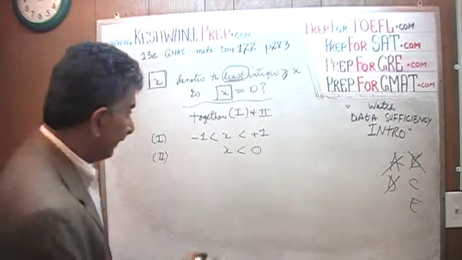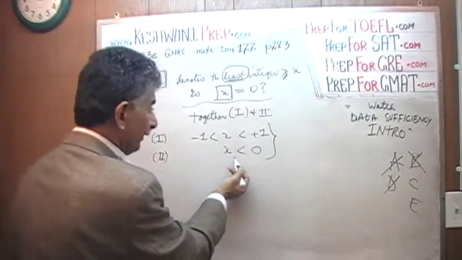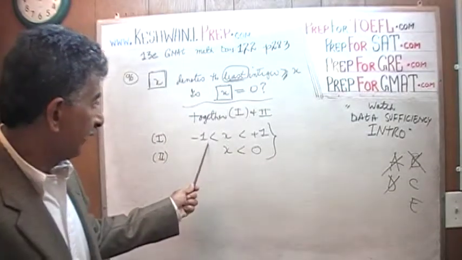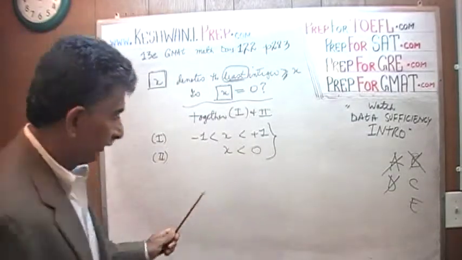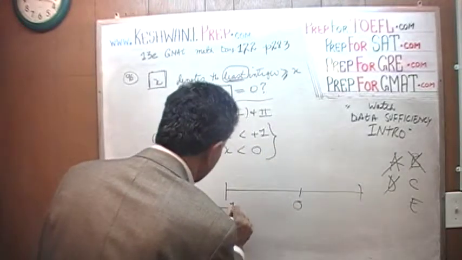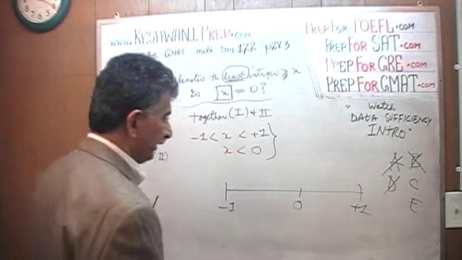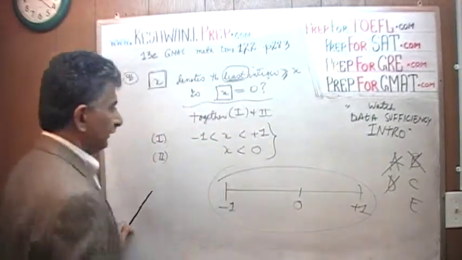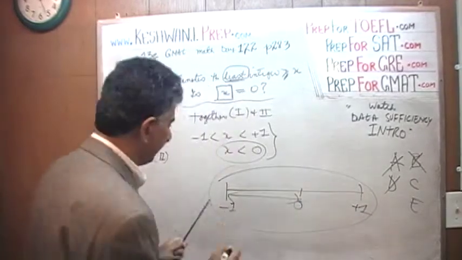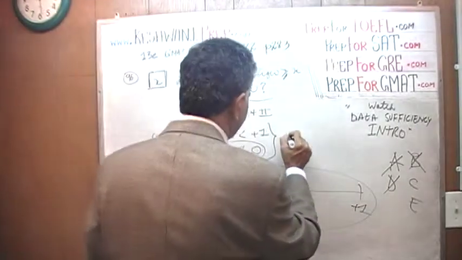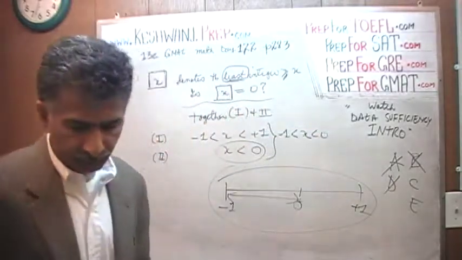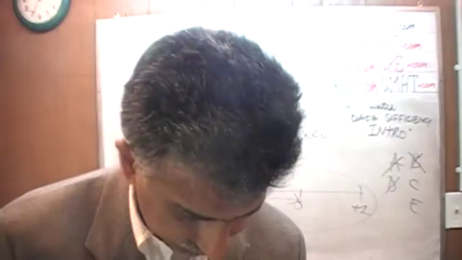Well, if x is negative, and we know that it has to fall between negative 1 and positive 1, here's your 0, here's your negative 1, and here's your positive 1. The first statement tells us that it's somewhere here. The second statement tells us that it is negative. Well, if it's negative, it's got to be this part right here. That's it, it's between negative 1 and 0. So this implies that x is between negative 1 and 0.